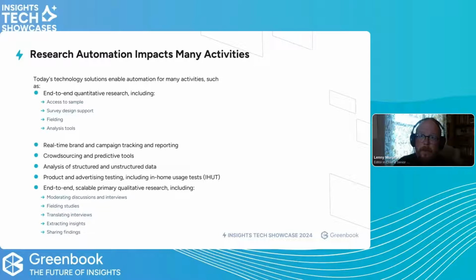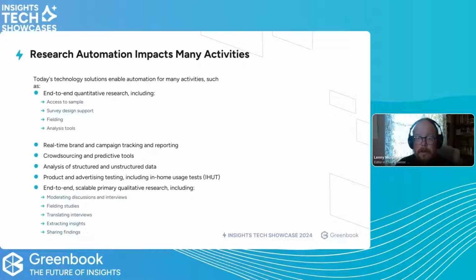Of course, we've seen that for quite some time when you look at web analytics, and now we're seeing it more within the directed process of research. We are seeing applications in crowdsourcing and predictive tools, as we already talked about, analysis of structured and unstructured data, A/B testing, IHUTs, the entire research process end to end.